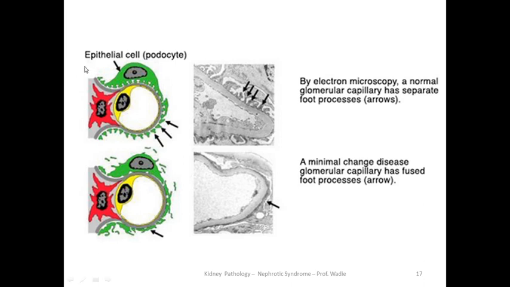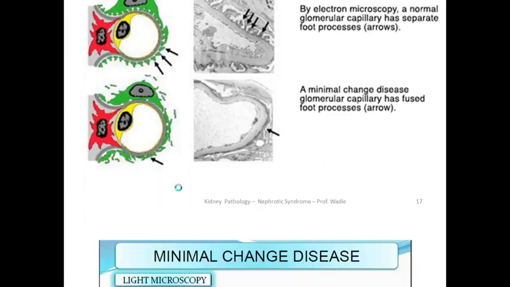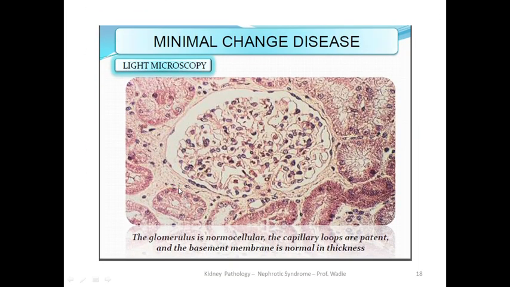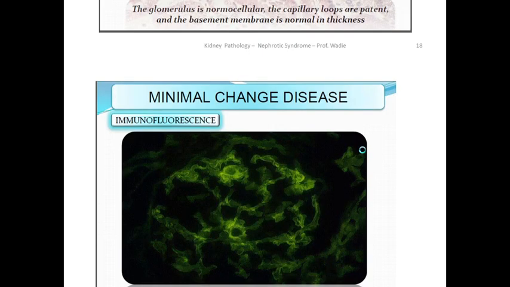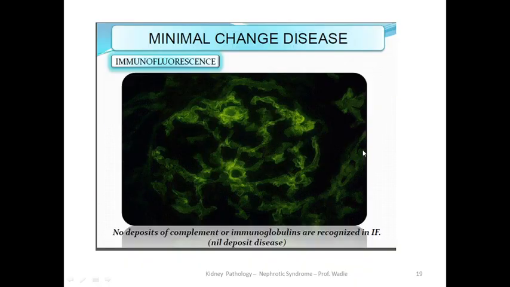More pictures of the same pathology. This is a normal one, and this is one with minimal change disease. Another light microscope, there is no change in the glomerulus. These are the tubules. You may find lipid within the tubules. By immunofluorescence, there is no change.